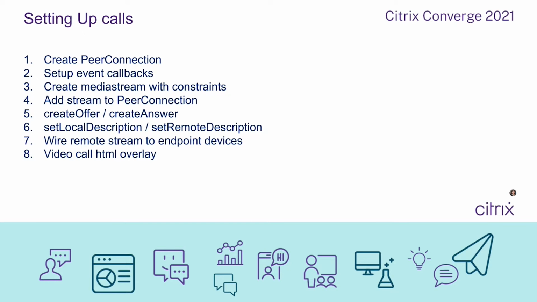After that, we use create offer or create answer to generate an SDP string, and then use that SDP to set up either local or remote descriptions based on the situation. After that, we will set up the remote stream, connecting those into local endpoint devices.